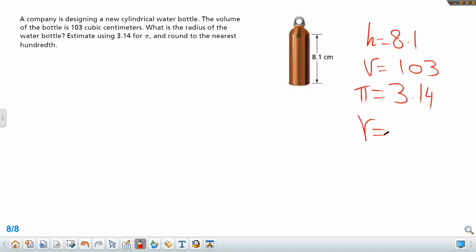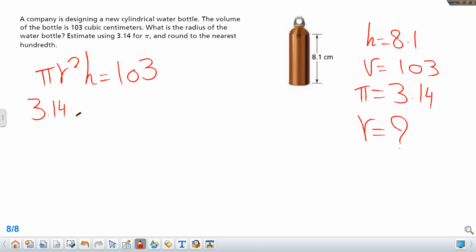Required is radius. So first, substitute by the rule of the volume, which is pi r square height equals 103. Then pi is 3.14 times radius power 2, I don't know it, times height, which is 8.1, equals 103.